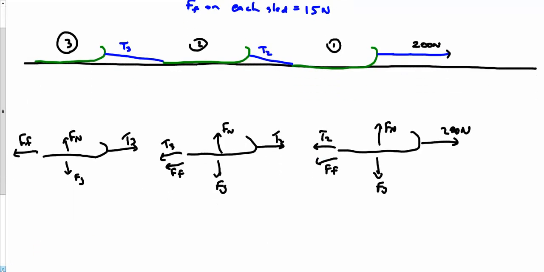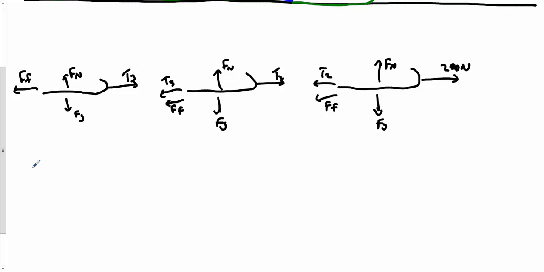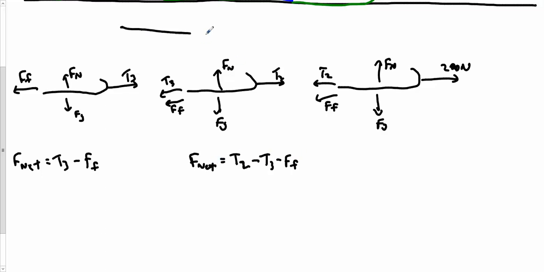The next step is to write an equation for net force for each one. So here F net is equal to T3 minus force of friction. Here F net is going to be equal to T2 minus T3 minus force of friction. And remember, we're moving this way, that's why I chose this first. It's going to be this minus those, because we're moving this way.